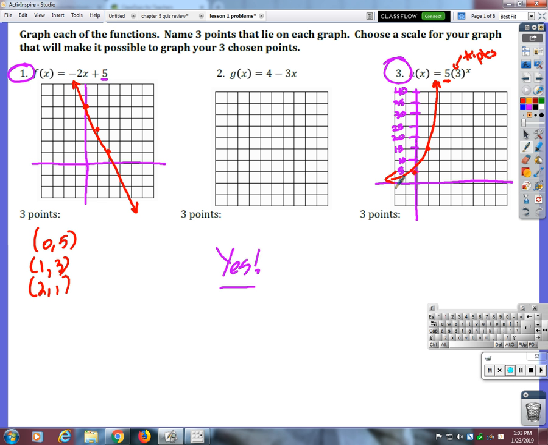So my 3 points, I can go with the first one, which is 0, 5 again, and then 1, 15, and then 2, 45. So this 3 right here means that when these numbers go up by 1, these numbers triple.